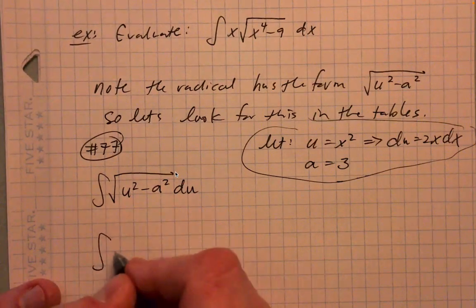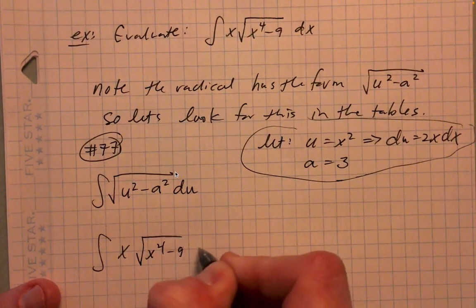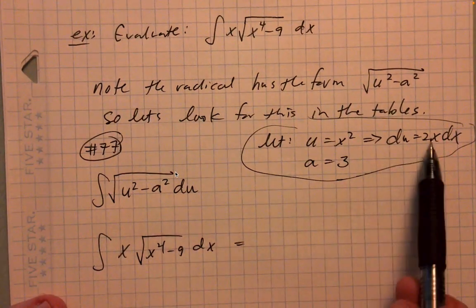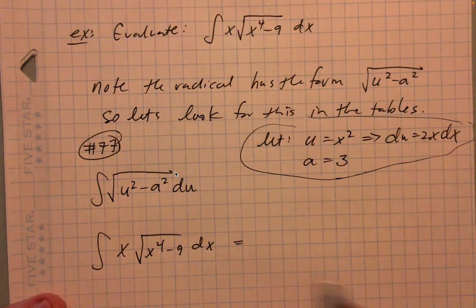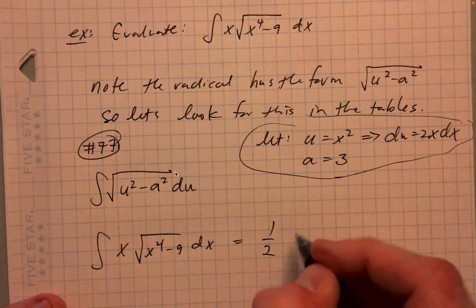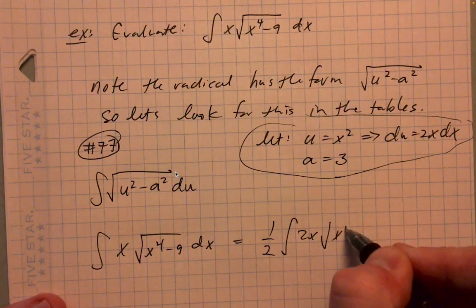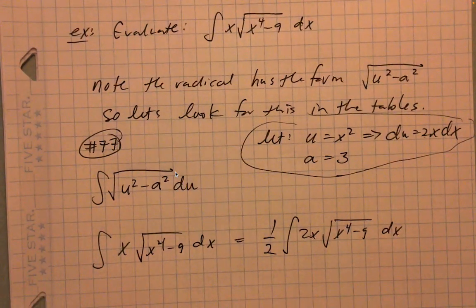Right, and so then, starting with that, can we rewrite this in this form? The integral of x times the square root of x to the 4th minus 9 dx. Well, this calls for a 2x dx, doesn't it? So let's do the old 1/2 times the integral of 2x trick. Now do we get the substitution? You bet.